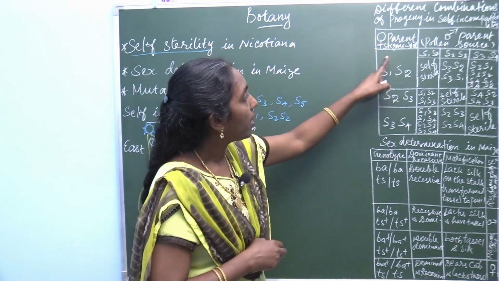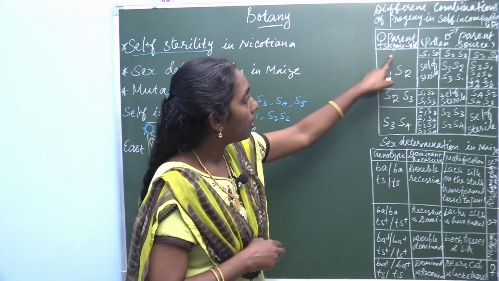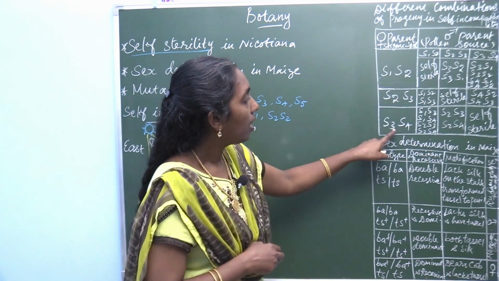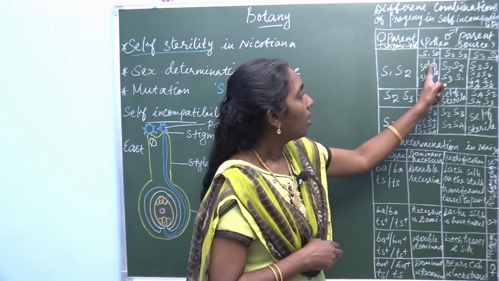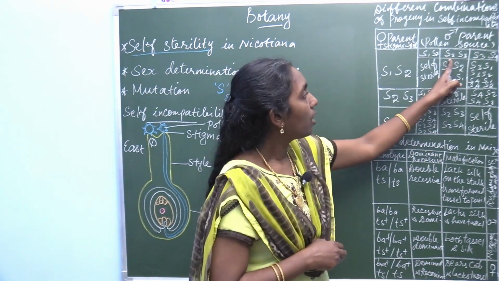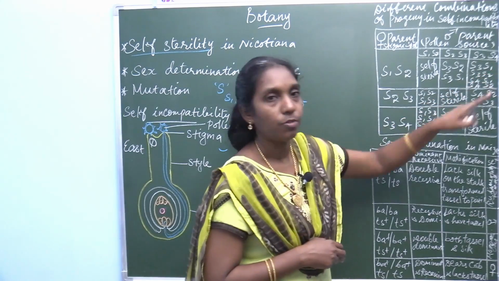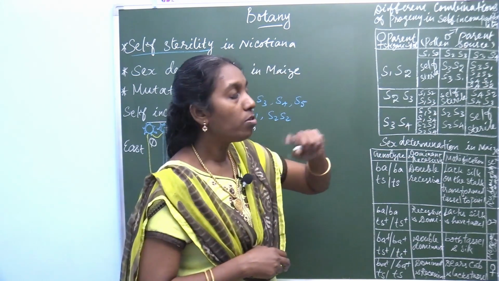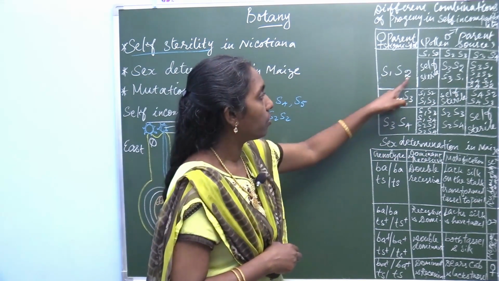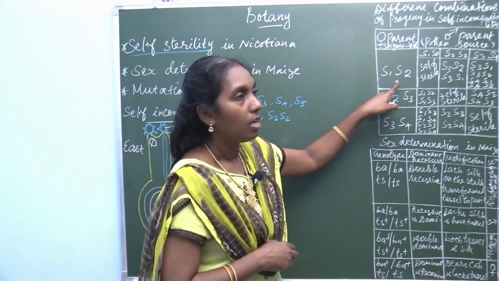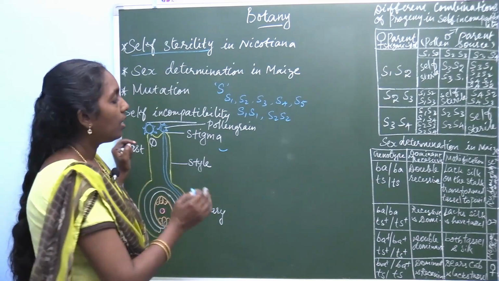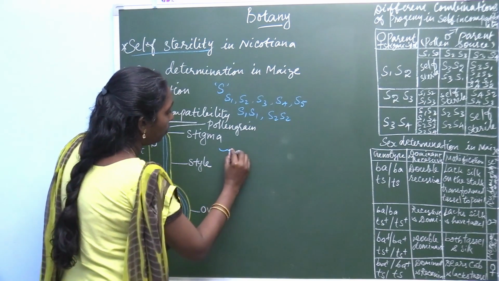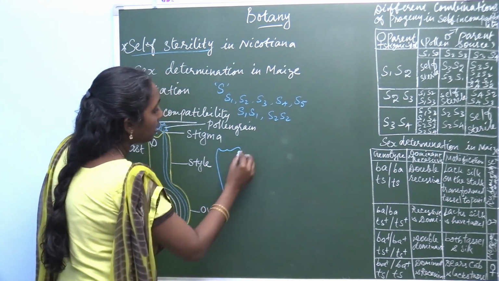The female parent stigmatic spot is S1 S2, S2 S3, S3 S4, and the male parent source is also S1 S2, S2 S3, S3 S4. Wherever the homozygosity occurs, S1 S2 and S1 S2, let us see how the combinations take place.